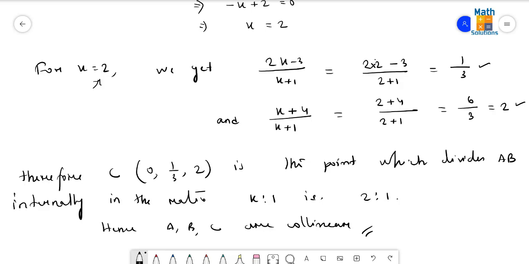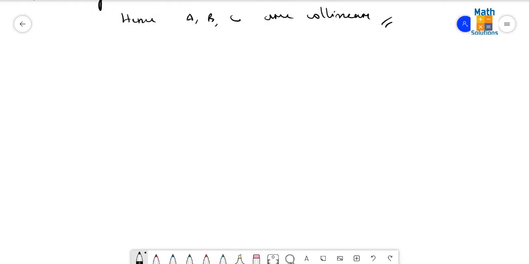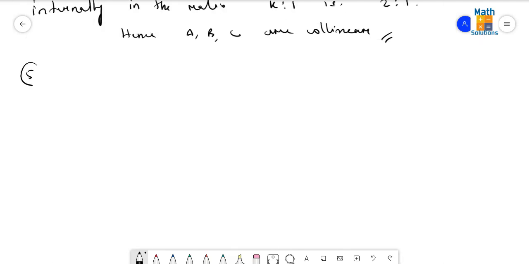Next, I'm going to pick up question number 5. So in question number 5, what happens? The question is: find the coordinates of the points which trisect the line segment joining the points P (4, 2, -6) and Q (10, -16, 6).